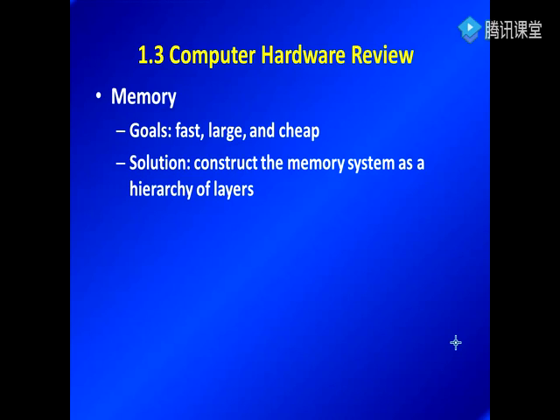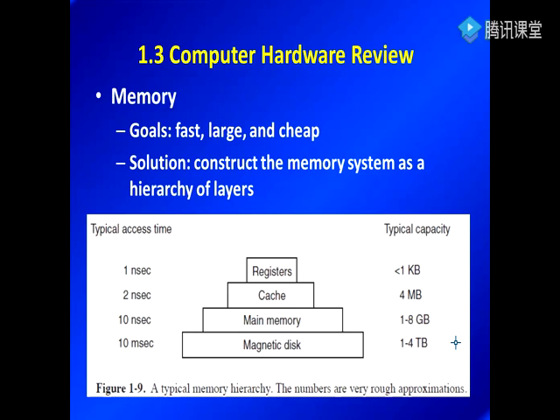Those are the goals of the memory. But the fact is it's very hard to have a memory satisfying all these requirements. You can check this figure to see a typical memory hierarchy.